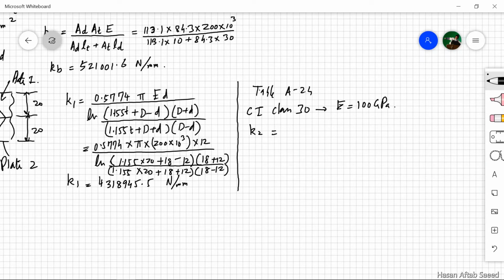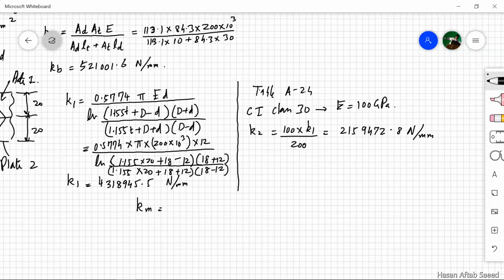K2, because this E comes into the numerator, is simply 100 into K1 over 200. In other words, it is half of the K1. So K2 is 2159472.8 Newton per millimeter.